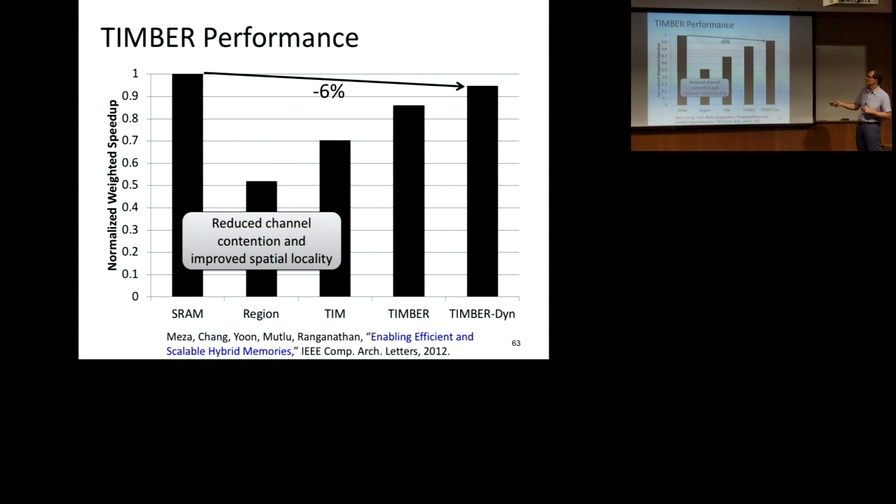So let's take a look at what these different things are. This is the tag store inside the memory controller, a huge tag store. Not good for energy, but good for performance. You can quickly decide whether the data is in DRAM or PCM. This is region-based. You have some region in DRAM that's dedicated to the tag store, and the rest is data. They're not in the same row.